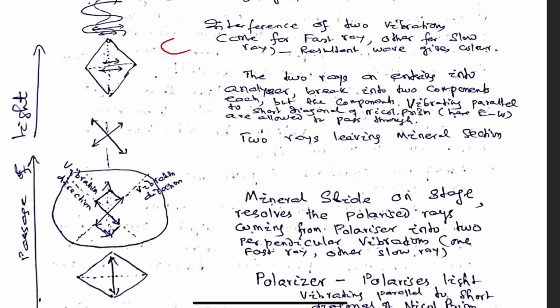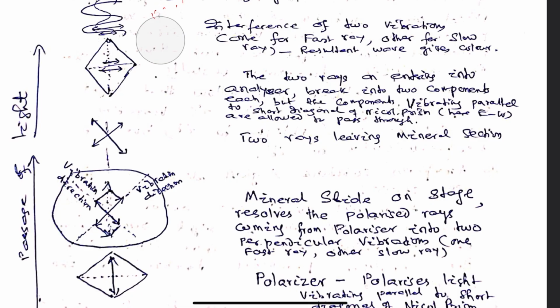So one ray is moving like this, another ray is moving like this, so there will be a resultant wave out of the interference of two waves. The resultant wave's color will be seen as the interference color.